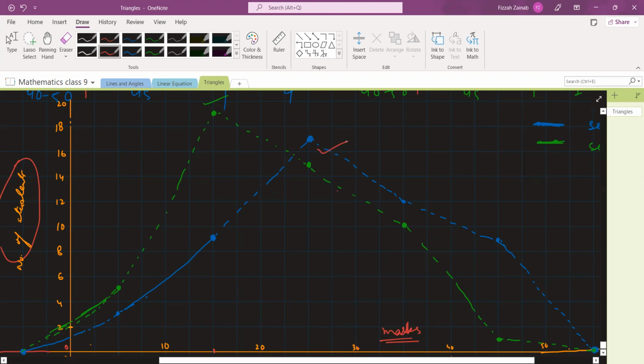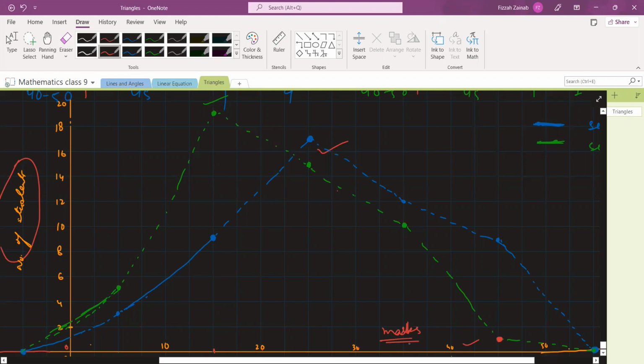And as the marks are getting higher, look at this interval, 40 to 50. In the green line, only two students have got marks between 40 to 50 in section B. Can you see that?